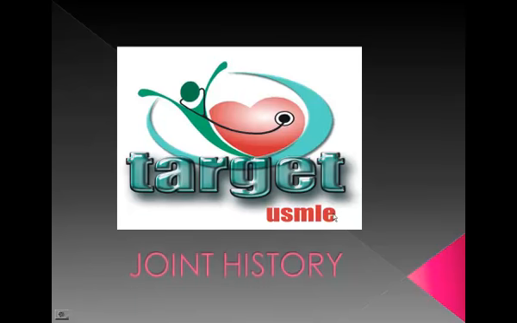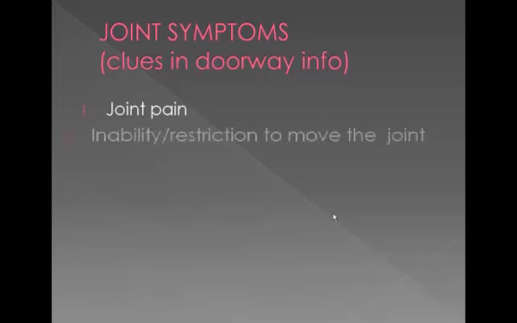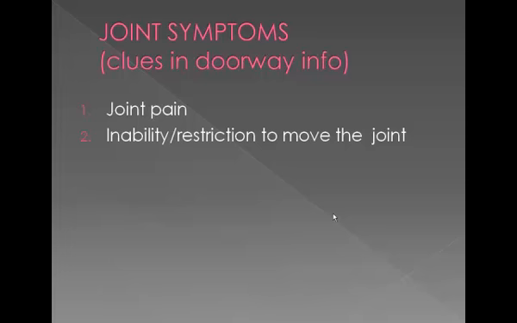Ready? First of all, just sit back and think. What are the possible symptoms a patient with a joint problem is going to approach you for? First and foremost, mostly joint pain. It could be inability or restriction to move the joint.